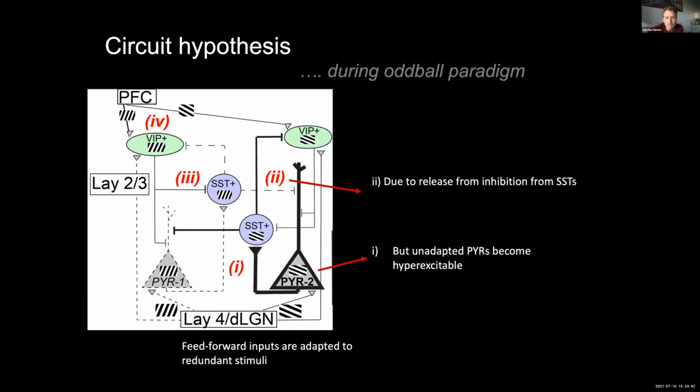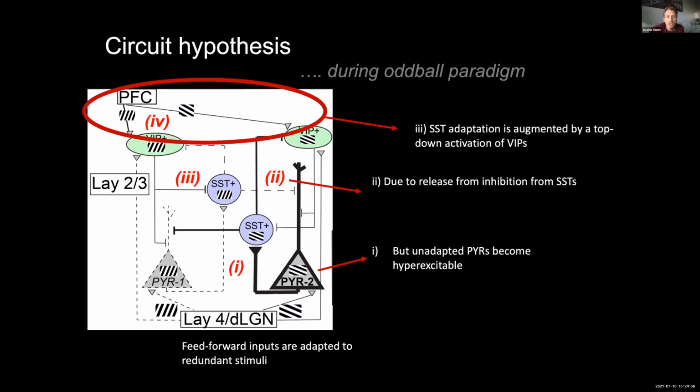What we think is that this may be due to increased suppression of somatostatin neurons, or release of inhibition from somatostatin interneurons. That suppression of SSTs in this paradigm could be mediated by this top-down circuit, which may increase activity of VIP interneurons, indirectly further suppressing SSTs, which releases certain pyramidal neurons from inhibition, allowing the augmented deviance detection response.